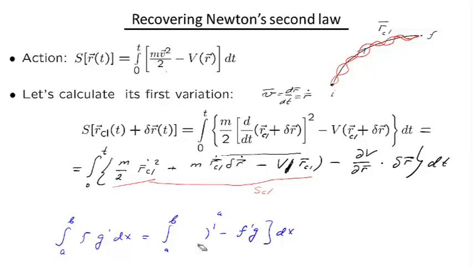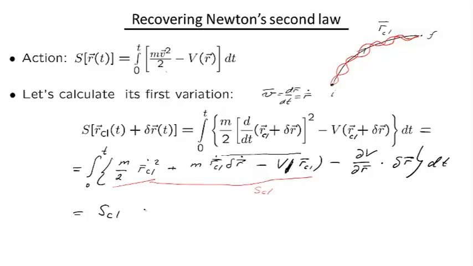If we put everything together, integrating by parts and replacing these terms with the classical action, we get the classical action minus, because there is a minus here and already a minus there, the integral from 0 to t of m r double dot, the second derivative because we moved it, plus dV over dr, multiplied by delta r.